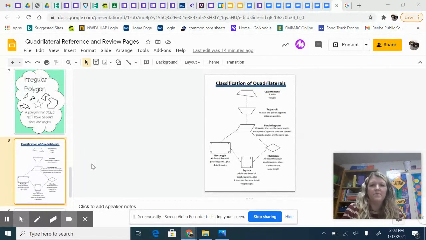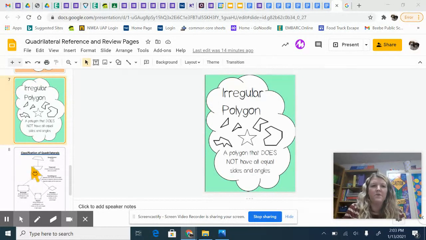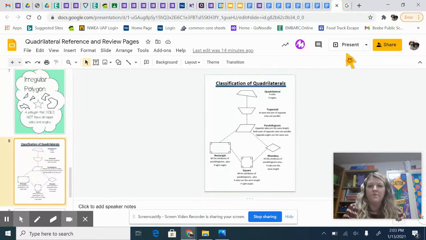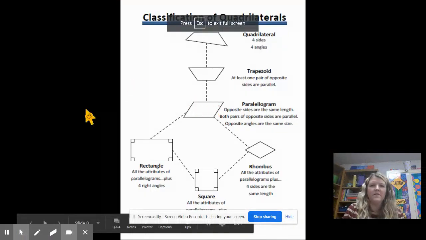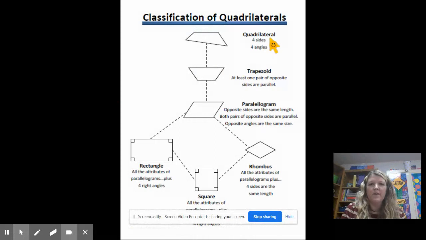So when we're classifying quadrilaterals, we've got some different types. And this reference page can help you to distinguish between the different types, and it'll help you to determine the characteristics of each of the types. So we've got first the basic quadrilateral.